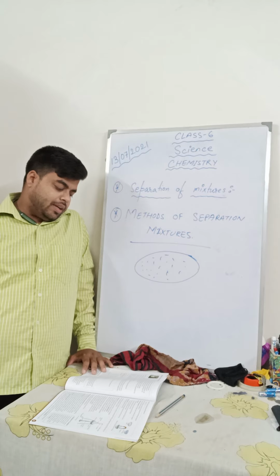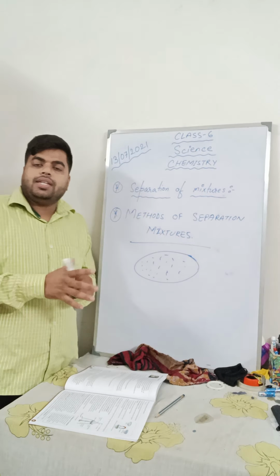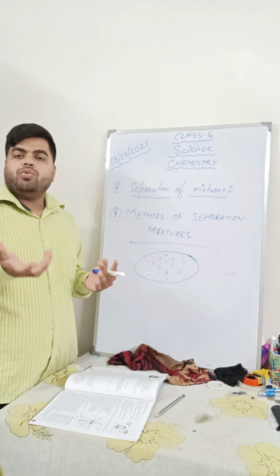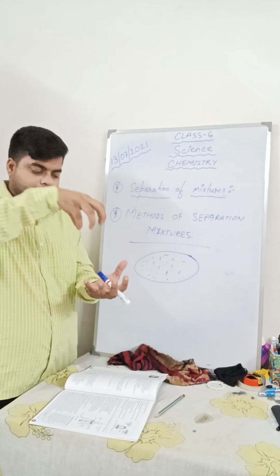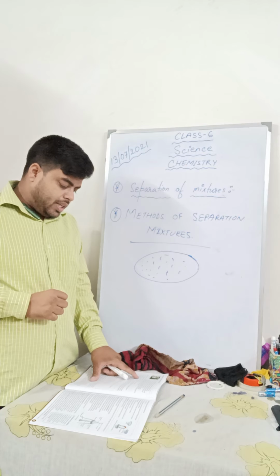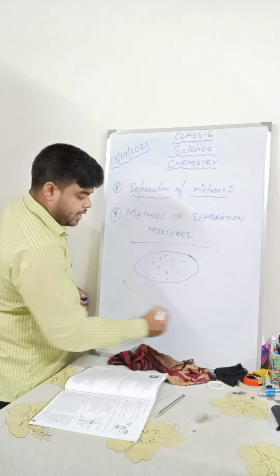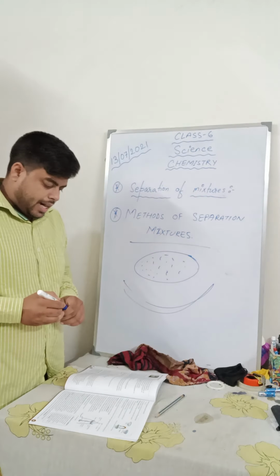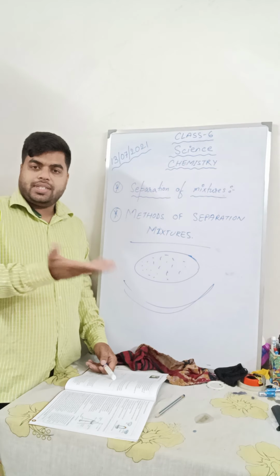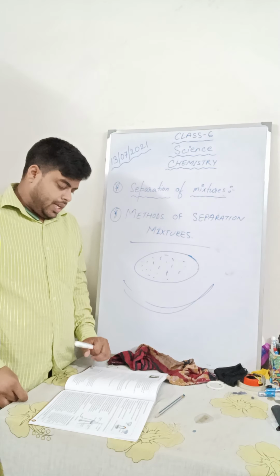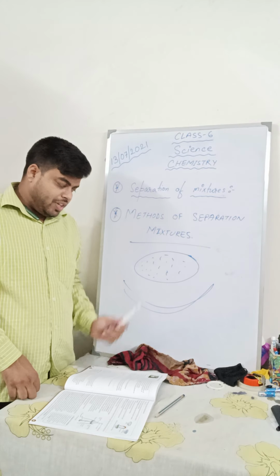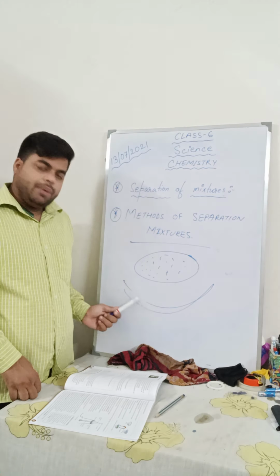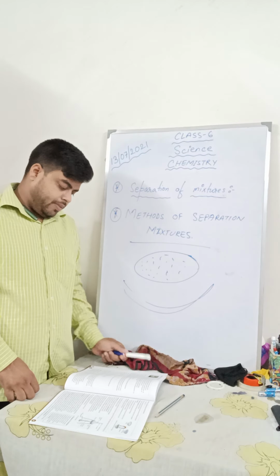The mixture to be sieved is taken in a sieve. After that, a bowl is kept under the sieve, and the sieve is shaken to and fro. The larger components are left behind on the sieve, while the smaller components pass through and get collected in the bowl kept underneath the sieve.